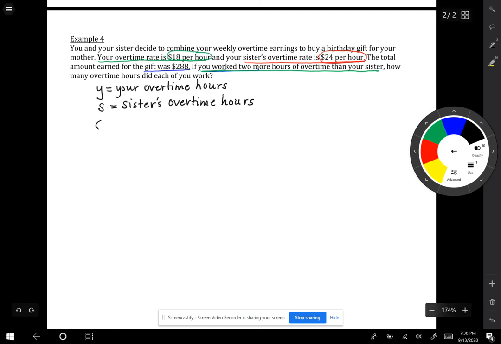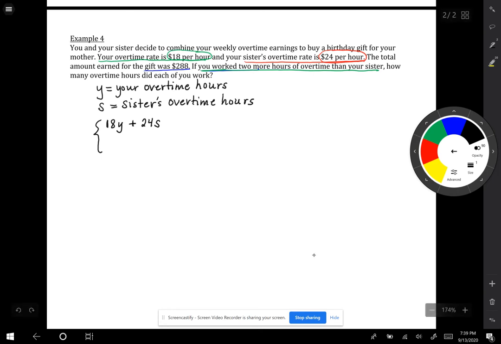Okay, I'm going to make my brace because I'm going to put my system in the braces. You don't have to, but I'm going to. So notice your rate is $18 per hour. So it'd be 18 times Y, because if you worked 1 hour, it'd be 1 times 18. If you worked 2, it'd be 2 times 18 and so on. Plus your sister's rate was $24 per hour, and use your sister's variable.